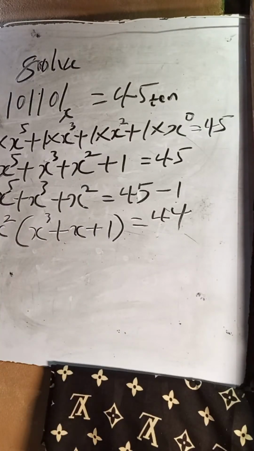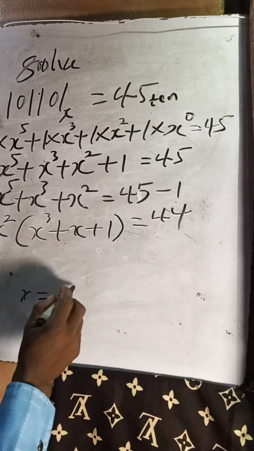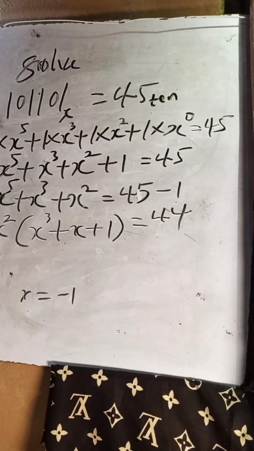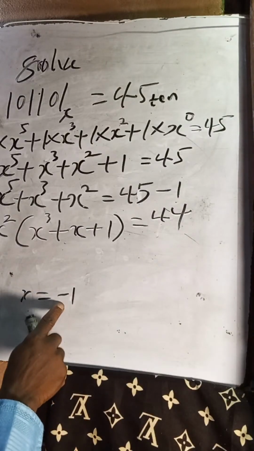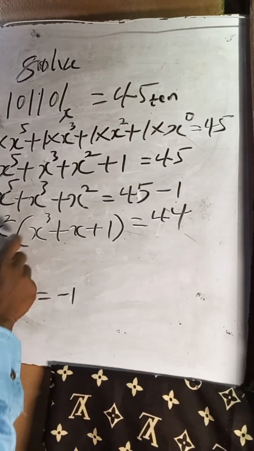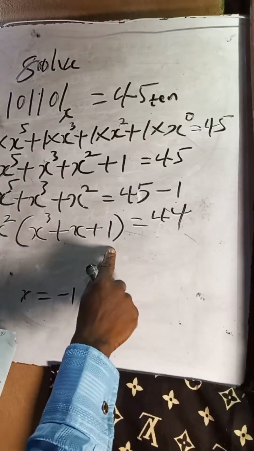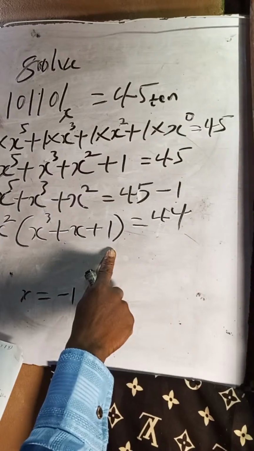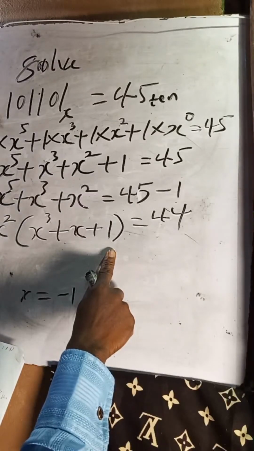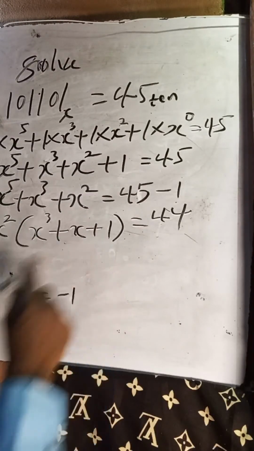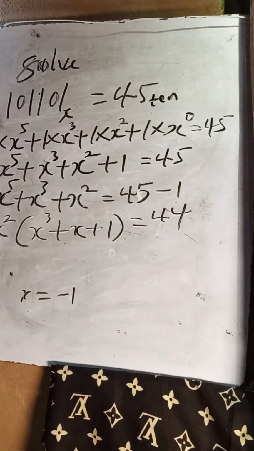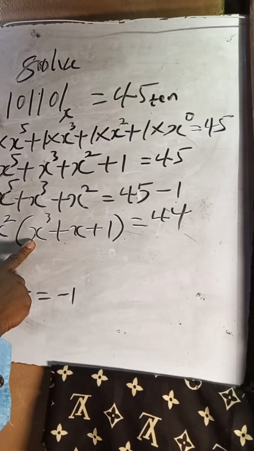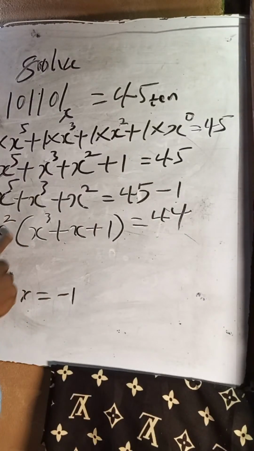We need trial and error to give us one of the solutions. One of the solutions is not 0. It's not possible. So let's try x equals -1 and see.